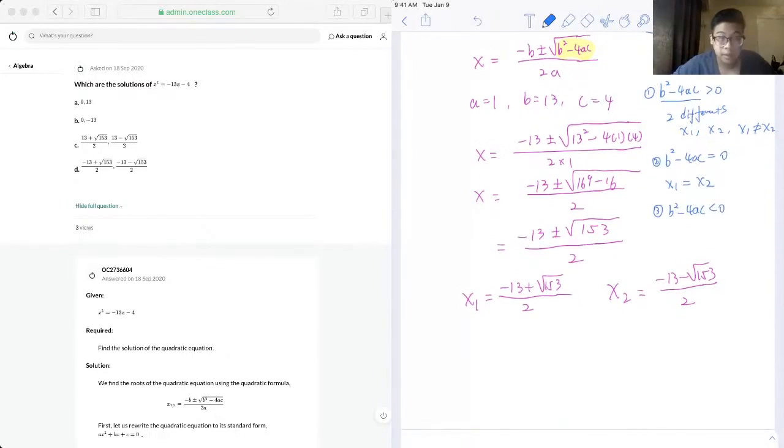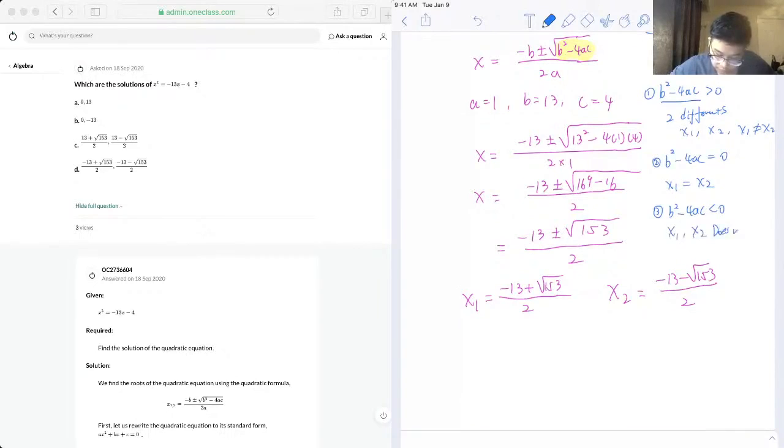In this case, we conclude x1 and x2 do not exist. So here, you can tell 153 is definitely a positive number, greater than 0, so we have two different x1 and x2.